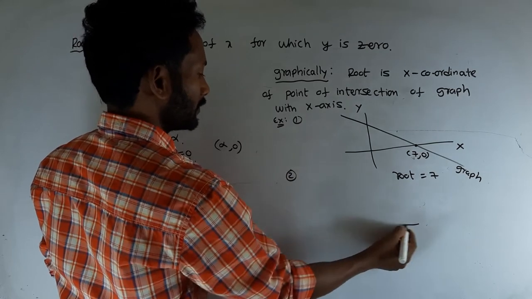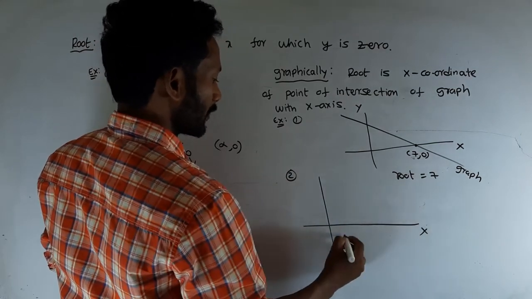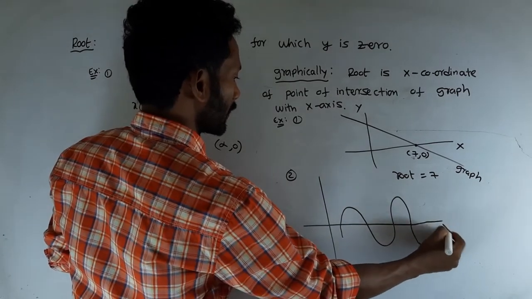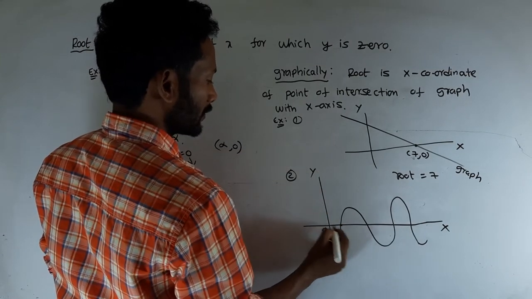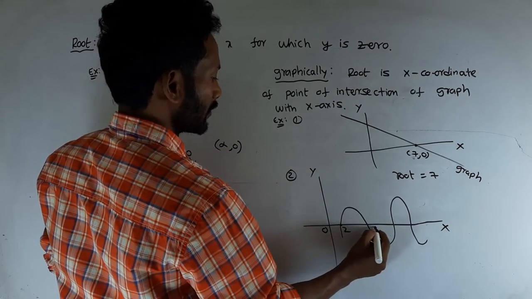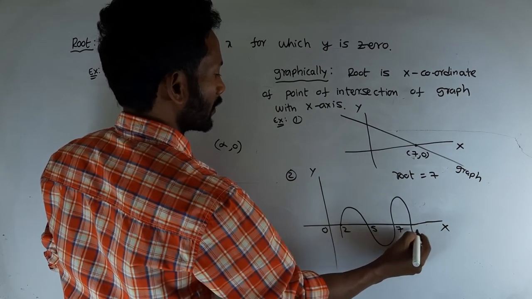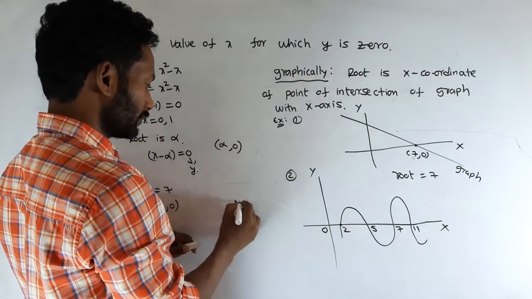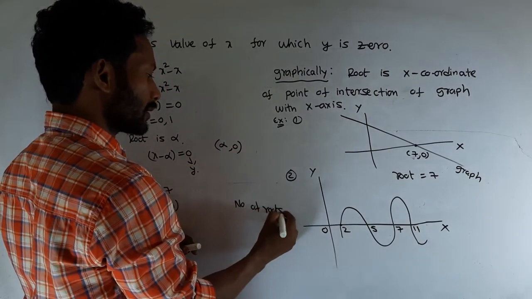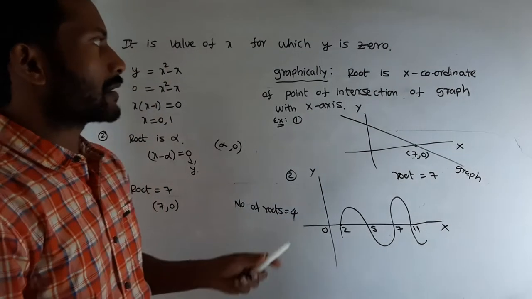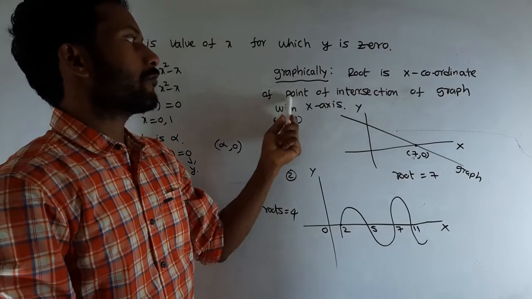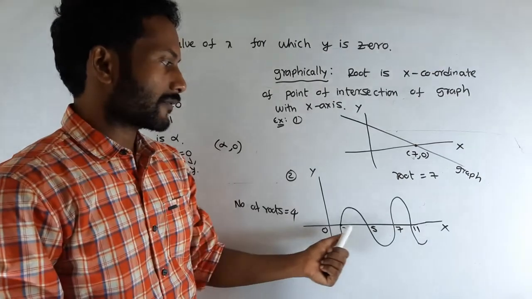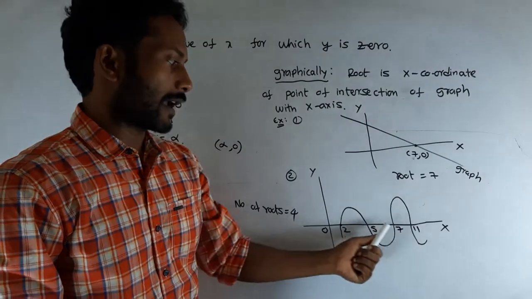One more example. X-axis, y-axis. Here the number of roots is 4. Graphically, the root is the x coordinate of the point of intersection of the graph with the x-axis. So the graph and x-axis intersect at 4 points: 2, 5, 7, 11.